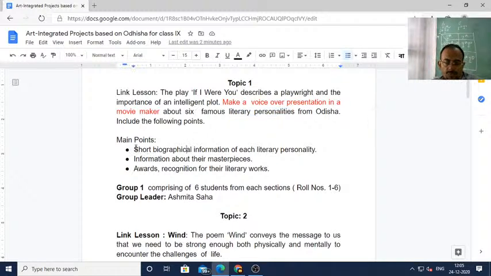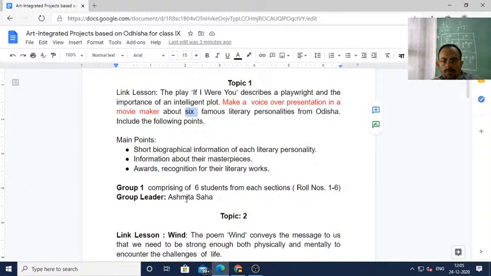Then the first point is short biographical information of each literary personality. Suppose six are selected, for example roll numbers 1 to 6. One student, only one student, will be in charge of movie making.